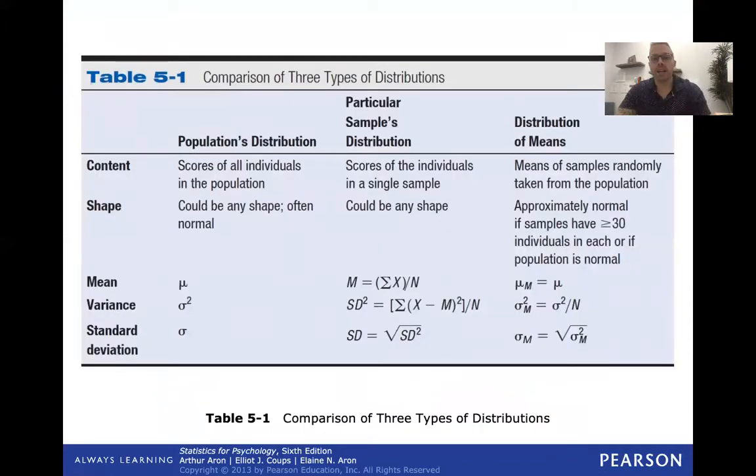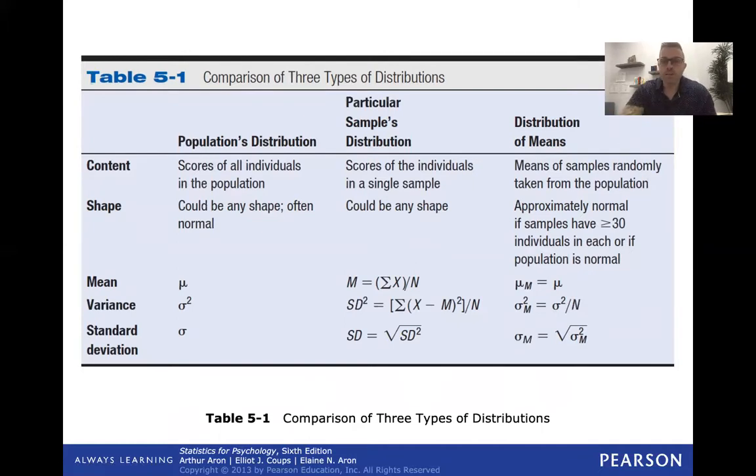In your book, it compares the differences between the equations that you're going to work with. Just to make yourself aware, the mean is mu. From here on out, we are assuming that we're working with the distribution of means when we're doing this type of research. It's still the mean, but you'll see a little m underneath it, which underscores that it's the mean of the distribution of means.